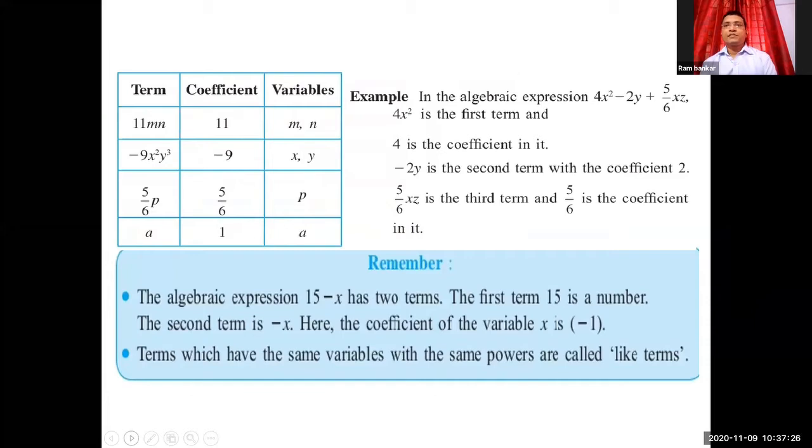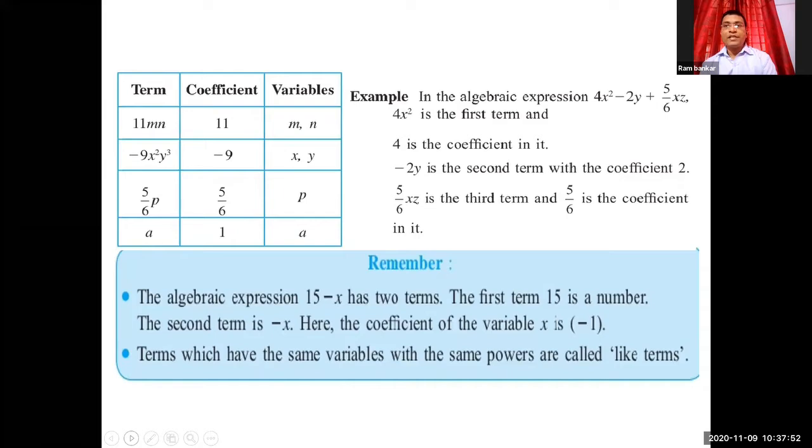Students, as it is the blue box given to know the example, look at this example. In the algebraic expression, look at the right corner of the page: 4x square minus 2y plus 5 upon 6 xz. This is the algebraic expression.